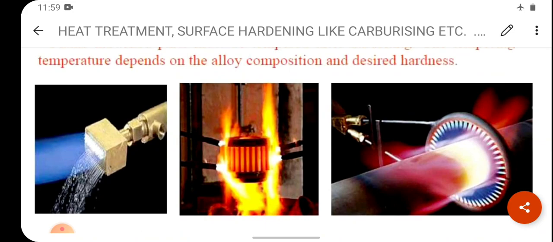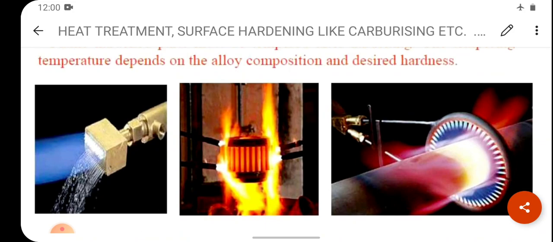So see this first diagram, water is spraying on the object, and second is flame hardening, that is heating is provided to the object. Similar way, burner is here and heating the shaft with the help of flames.